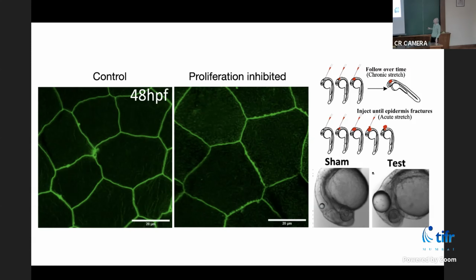That's the first assay. And the second assay is that you keep on injecting the oil until it fractures. Right, so we use these two assays, and this amount of oil is good enough to induce enough tension on the tissue.